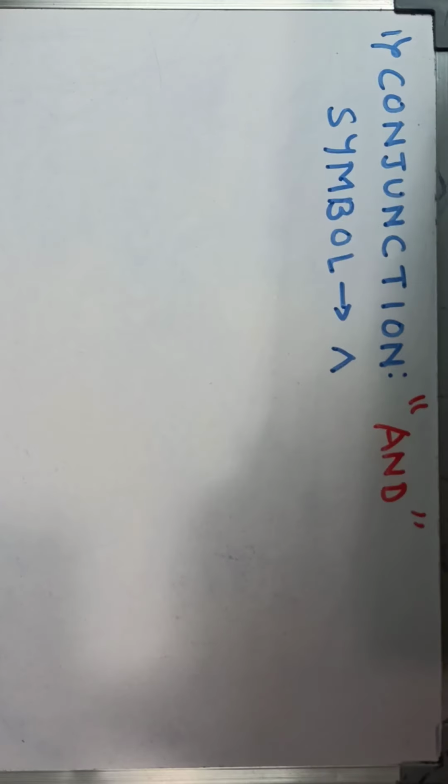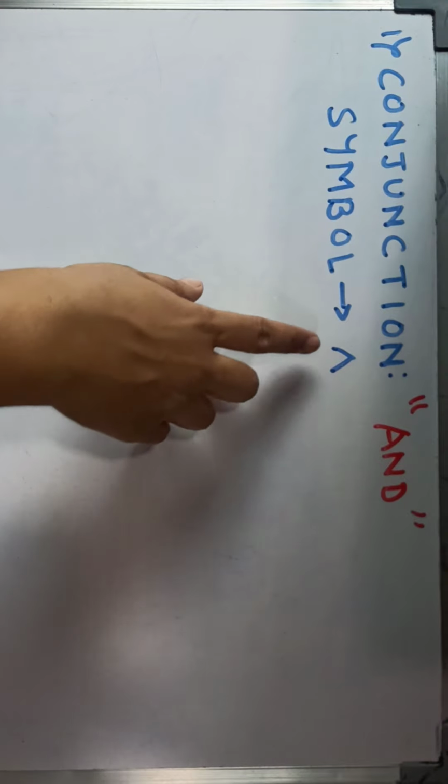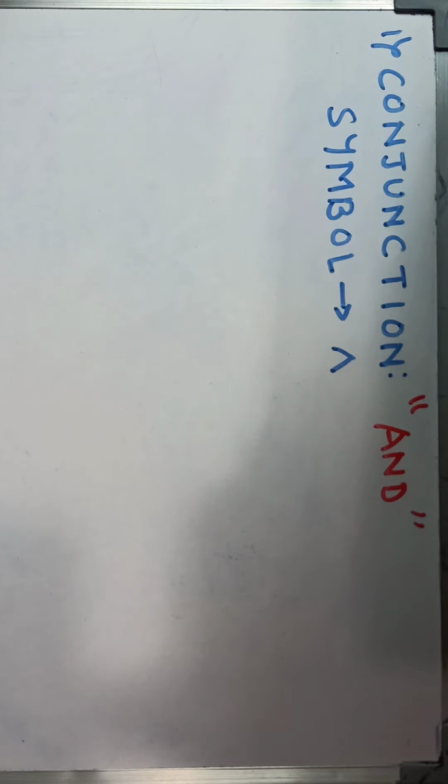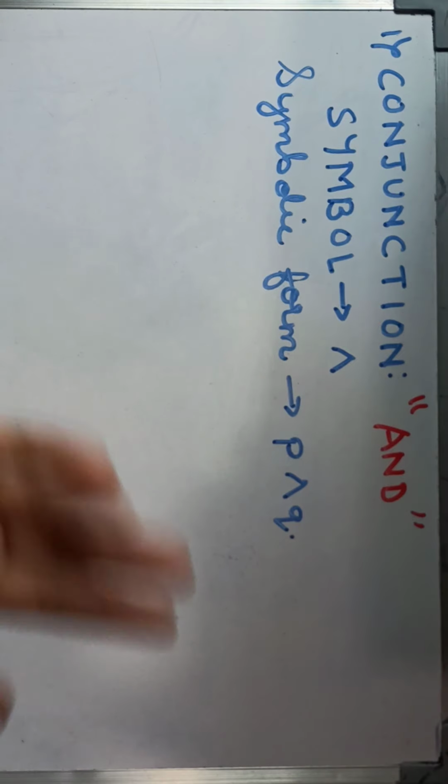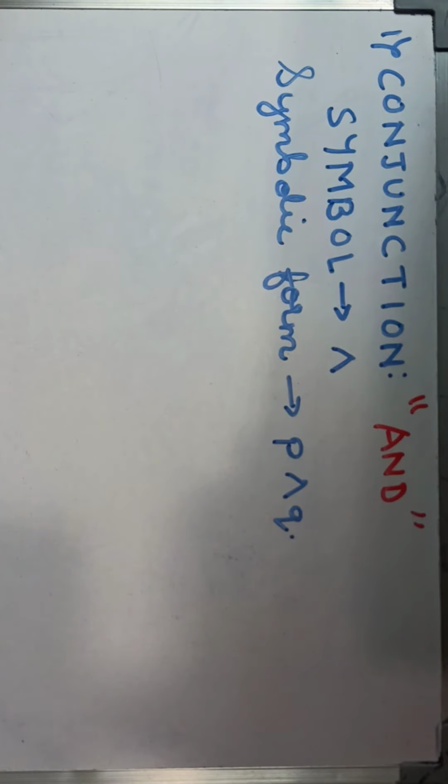The symbol for and, or conjunction, is this, that is, upside-down V. That is the symbol for and. So the symbolic form of conjunction is, if P and Q are two statements, then its symbolic form is this, P and Q. We read it like that, P and Q.